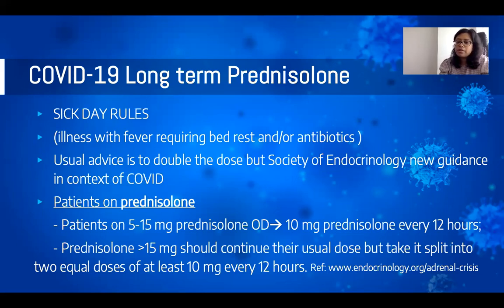Or if they're on 30 milligrams of prednisolone, 15 milligrams twice a day. Just note that if patients develop GI symptoms such that they cannot take their long-term steroids, they may need to get it IM or IV.